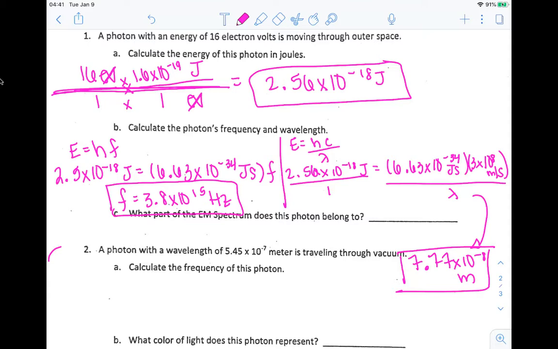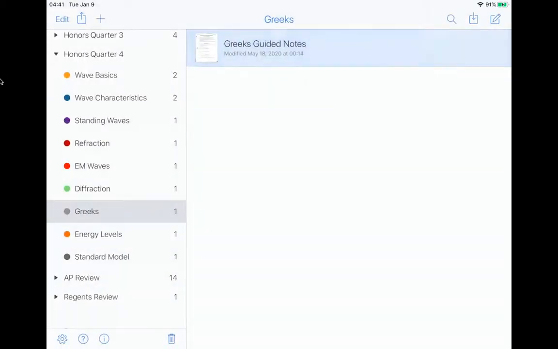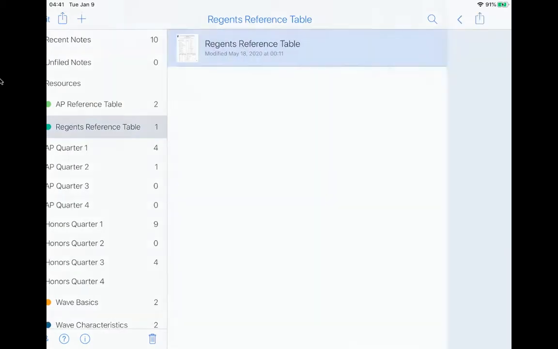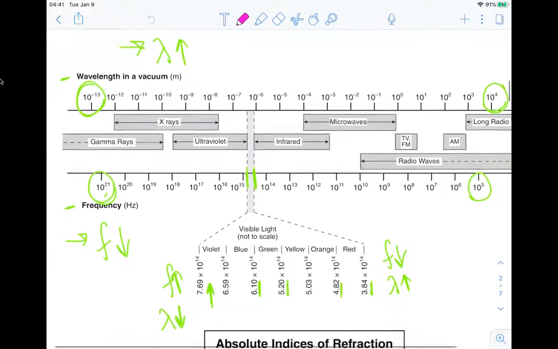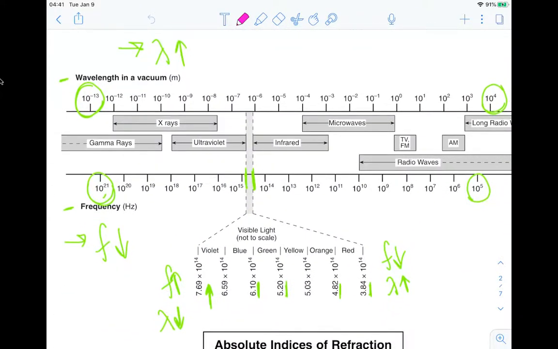Letter C, what part of the electromagnetic spectrum does this photon belong to? Well, we can look at either wavelength or frequency. If we look at frequency, frequency is 10 to the 15 hertz. So we go back to our reference table and look at our electromagnetic spectrum.